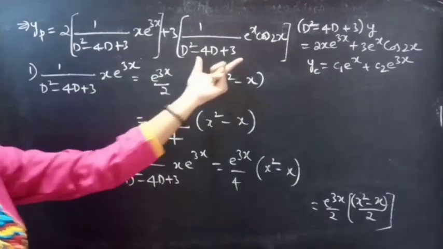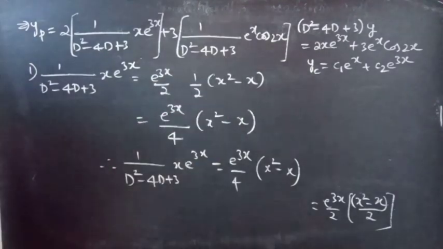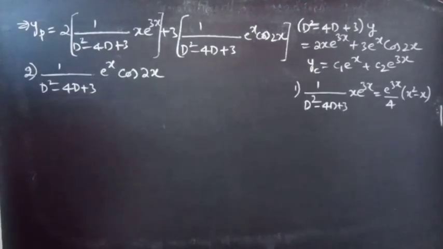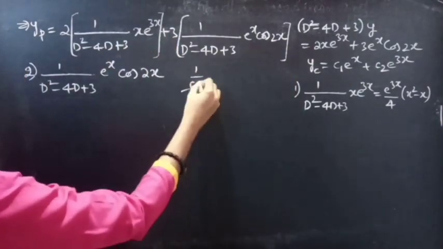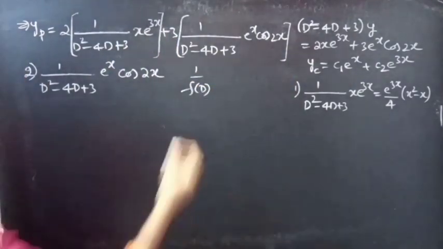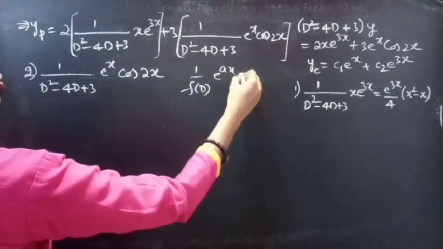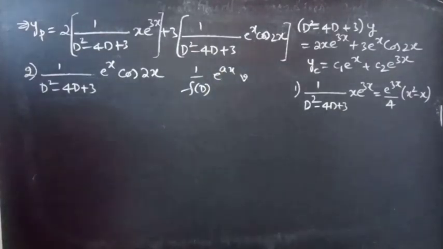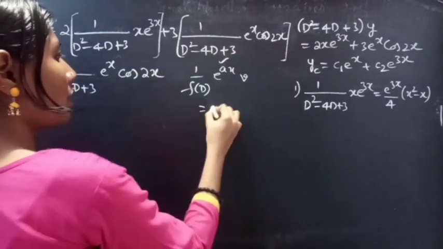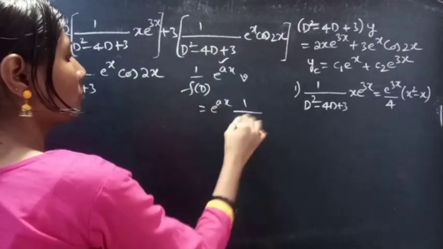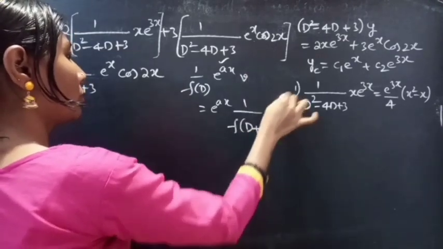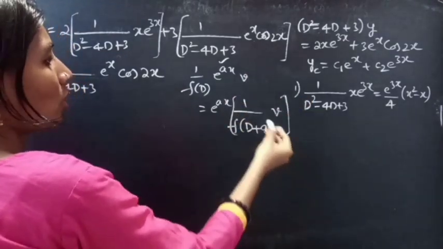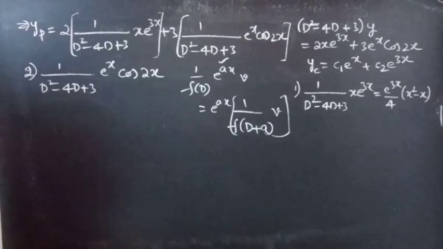Now let's find the second term. So this is of 1 by f of d into e power ax into some b form, right? Again, we'll shift e power ax towards the left by replacing the differential operator d with d plus a into b. And later, we'll operate b with 1 by f of d plus a.